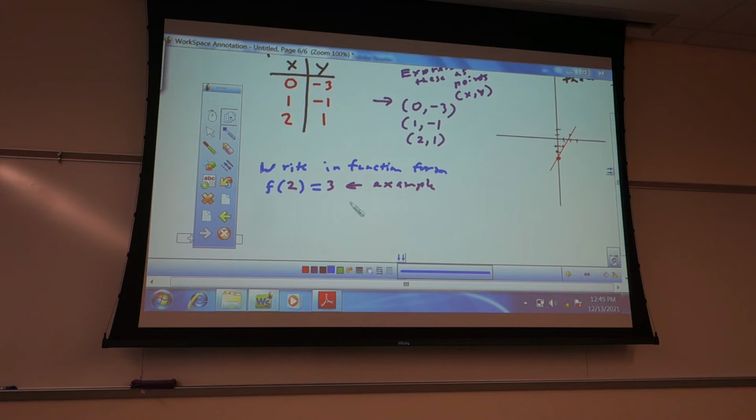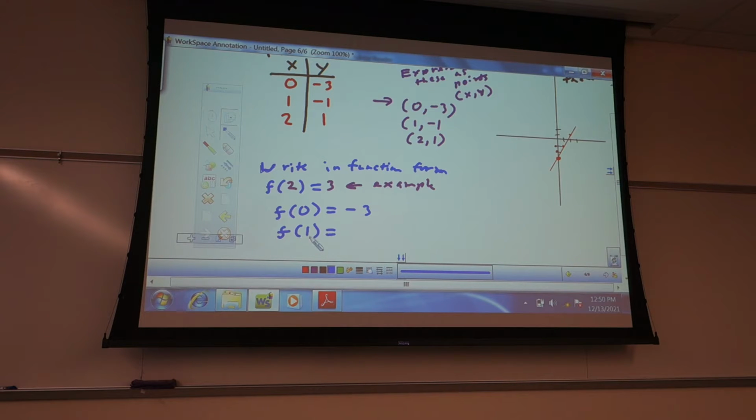Has everybody done this one? F of 0 equals what? Negative 3. F of 1. Here, is f of 1 my x or my y? F of 1 is my y. What's my x? 1.